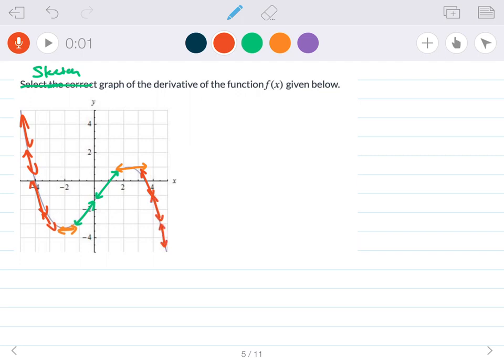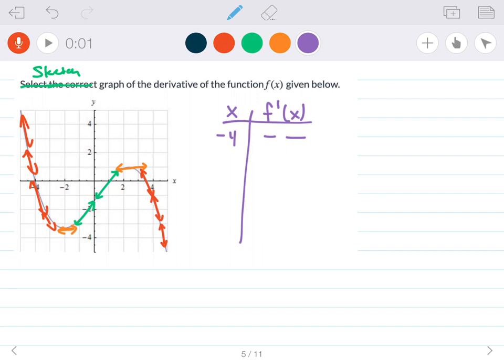And so let's make a little rough t-chart of x and f prime of x. It looks like when x is equal to -4, if we look all the way to the left, we have a fairly negative sloping tangent line.